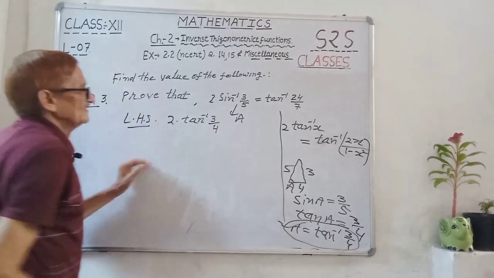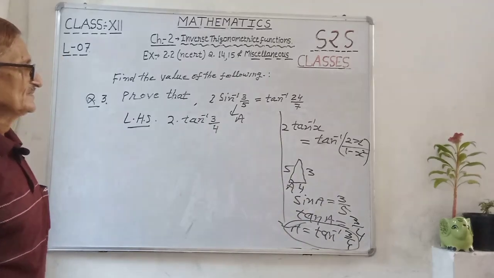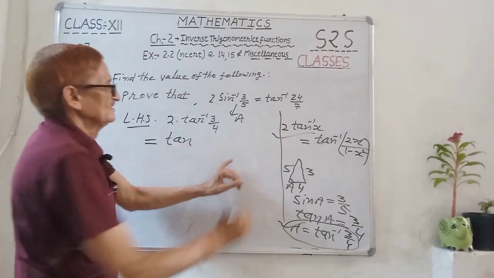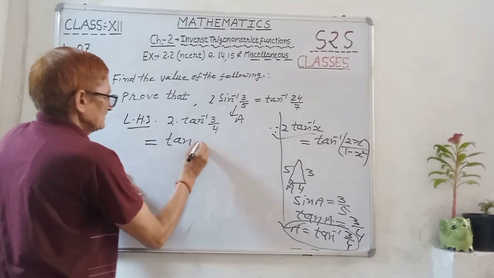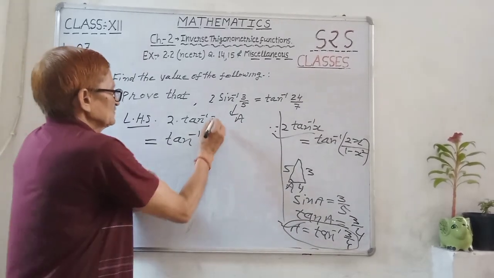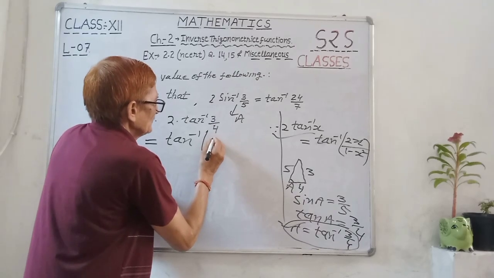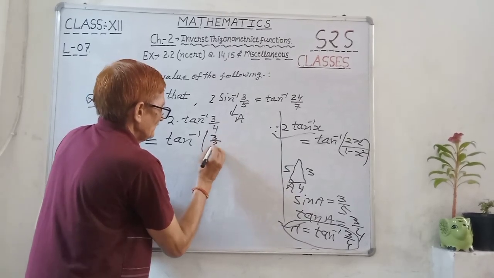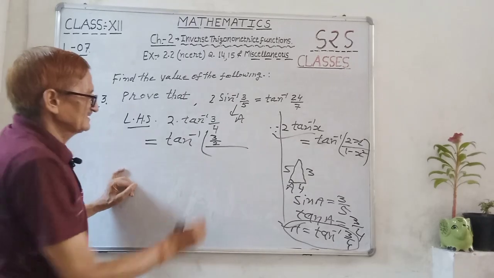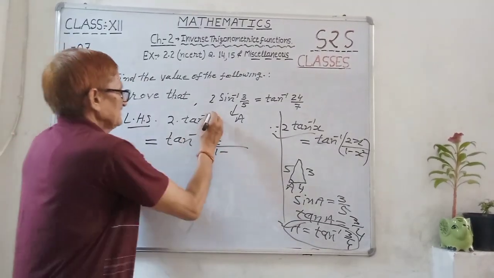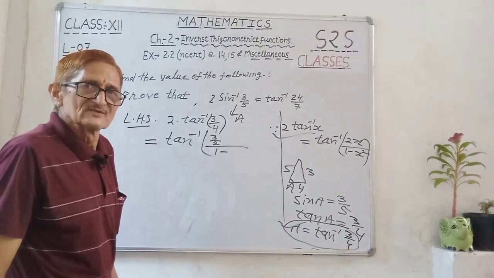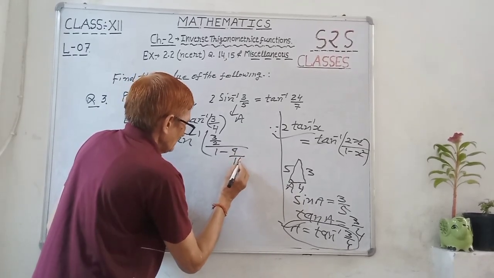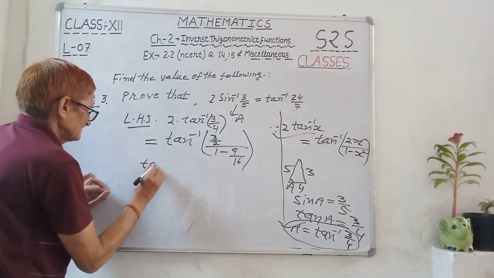Now we use the formula 2 tan inverse x: tan inverse of 2x upon 1 minus x square. Here 2x is 2 into 3 by 4, which is 6 by 4, that is 3 by 2, divided by 1 minus x square, where x is 3 by 4, and its square is 9 upon 16. Now simplify.